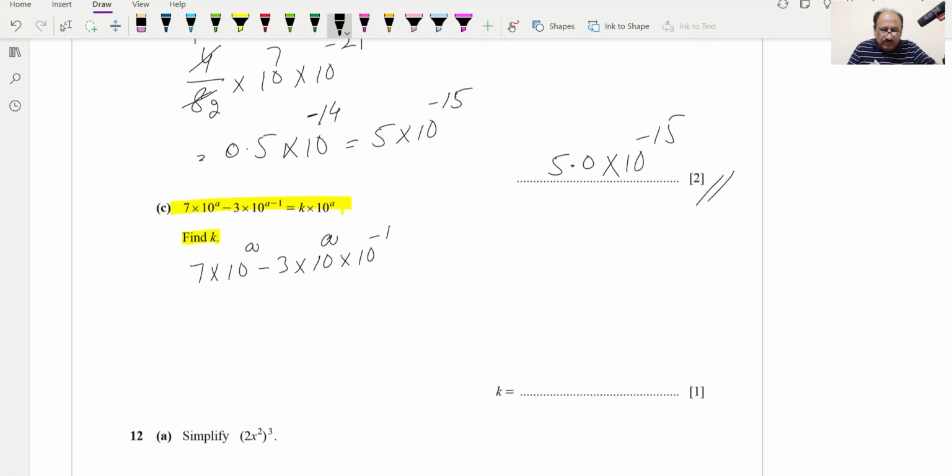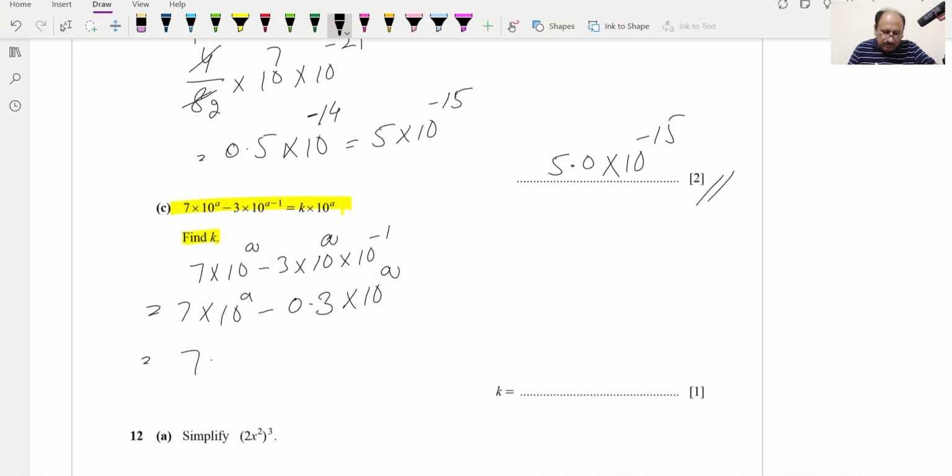Now we can take 10 raised to power a common, so inside will be 7 minus 3 into 10, or otherwise what we will do, we can write it as this one, and this minus 1, 10 is minus 1, we can accommodate and we can write as 0.3 into 10 raised to the power a.